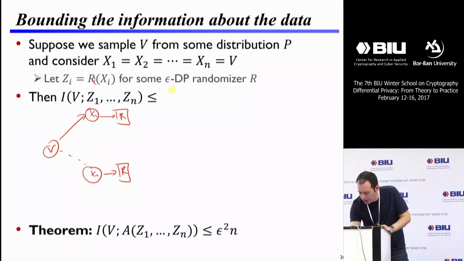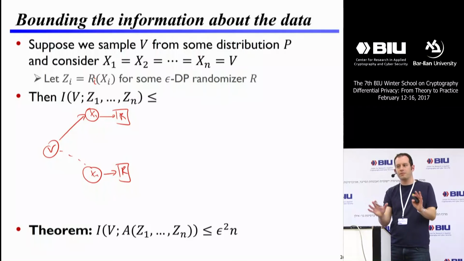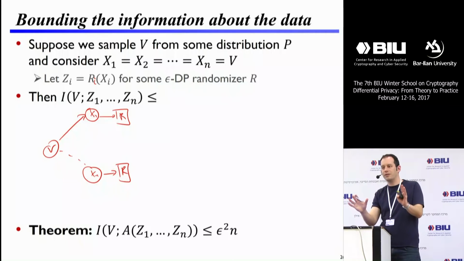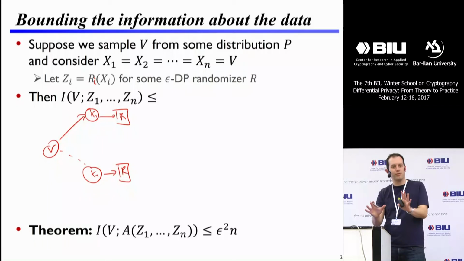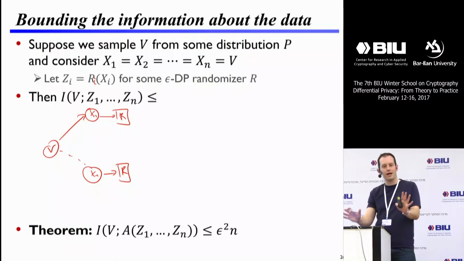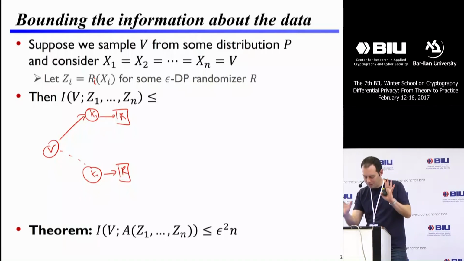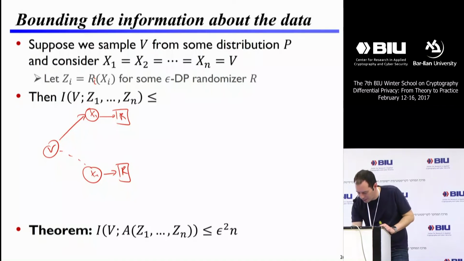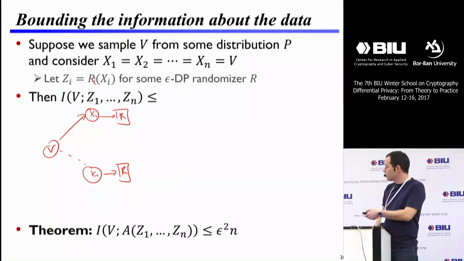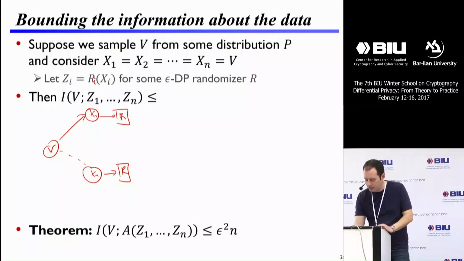At this point I'm going to assume some familiarity with information theory. If you haven't seen these statements before, you can just take them on faith, but we're not going to use anything really complicated. So it turns out that the usual notion of mutual information admits something called the chain rule.